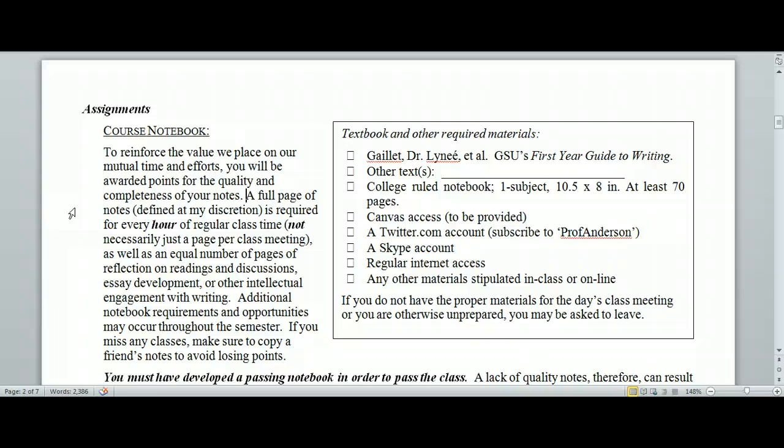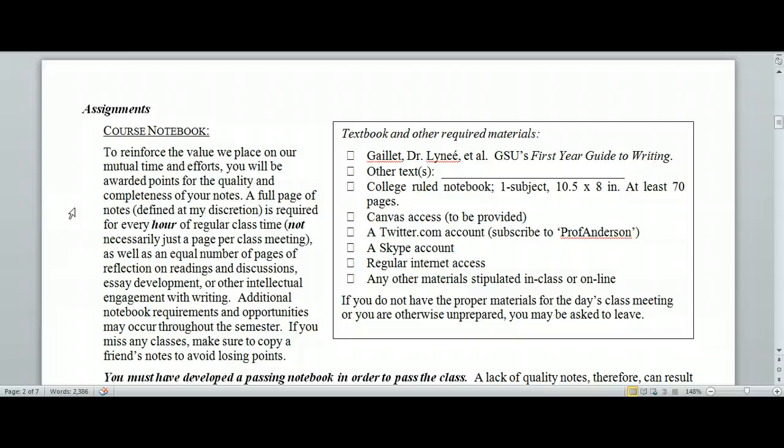And the difference between those two is we might have a Monday, Wednesday, Friday class that meets for an hour at a time, in which case it would be expected that you would produce a page per class meeting. But what if we have a Tuesday, Thursday class? Because those classes generally meet for an hour and 15 minutes. They meet for 3 credit hours.